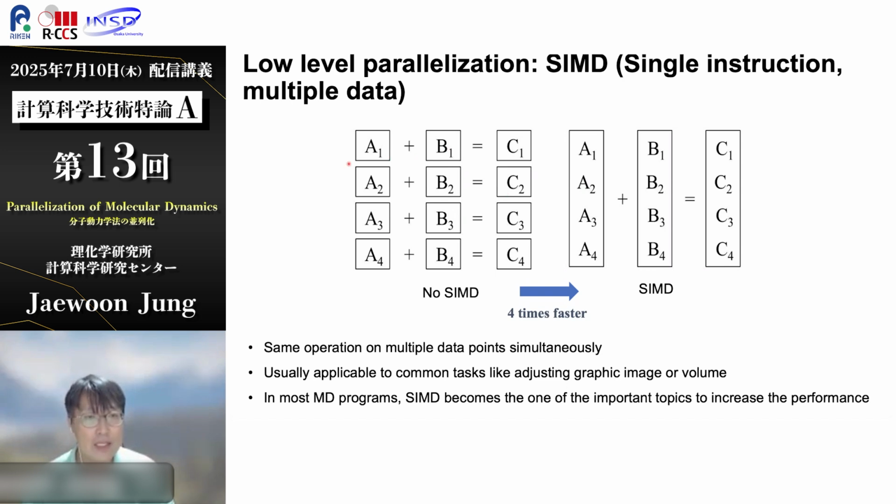So in this case, if we have 4 elements of A and 4 elements of B, and if we want to obtain the 4 elements of C, we need 4 additions.